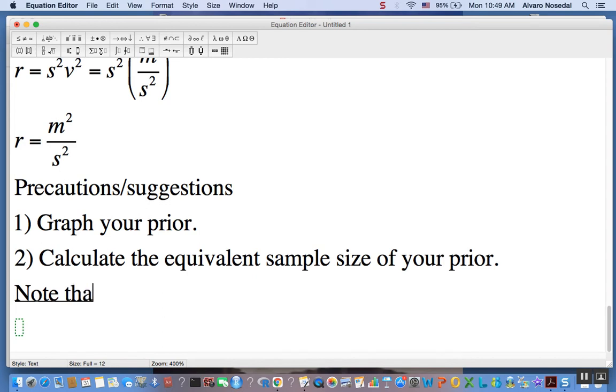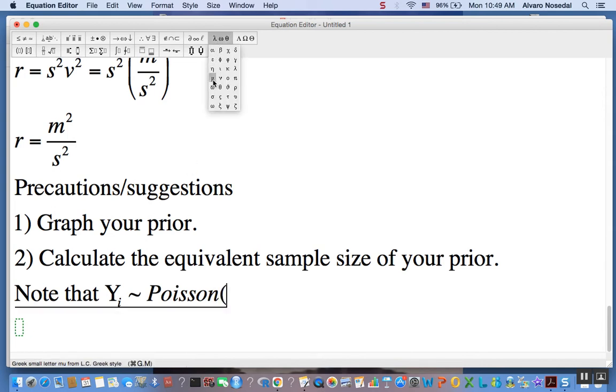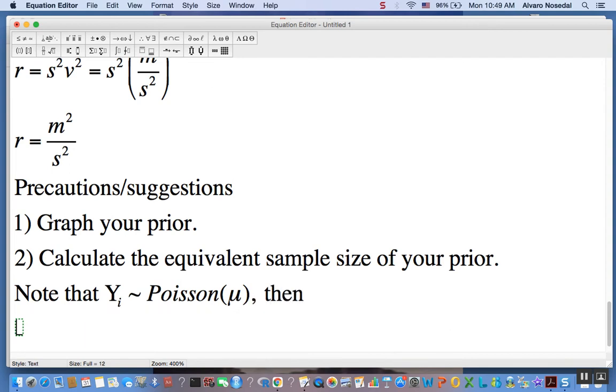Note that if you have observations, let me call them Y's, from a Poisson with parameter mu, then the expected value is mu. No problem, we know that.